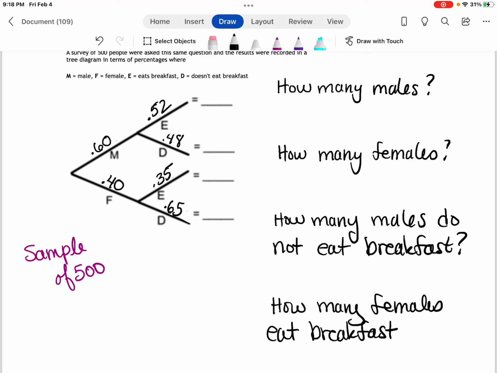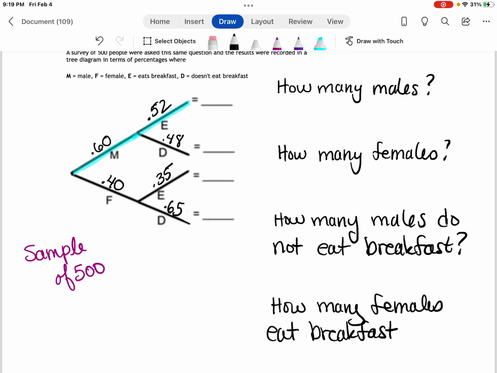In this example, we have a tree diagram that represents a survey that was taken of 500 people. The M represents male, the F represents female, E eats breakfast, and D does not eat breakfast. So if we follow the tree diagram, there's 60% men, and of those men, 52% eat breakfast.